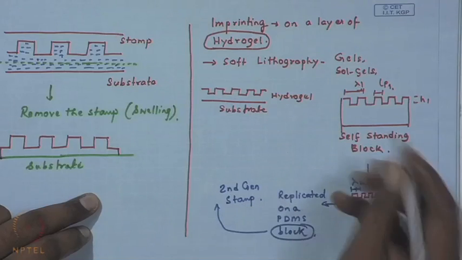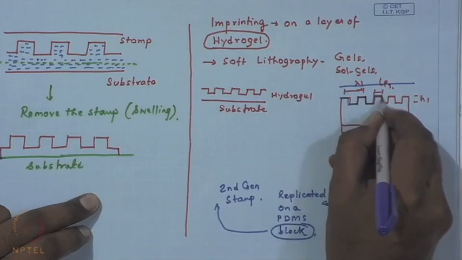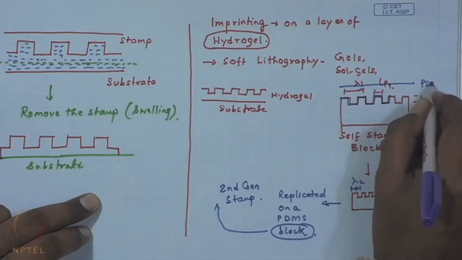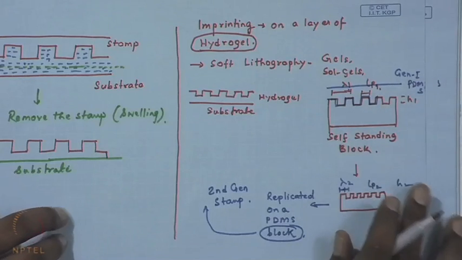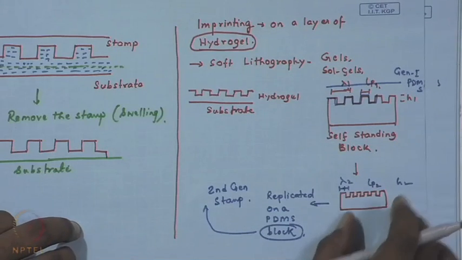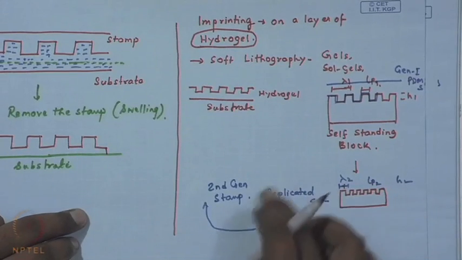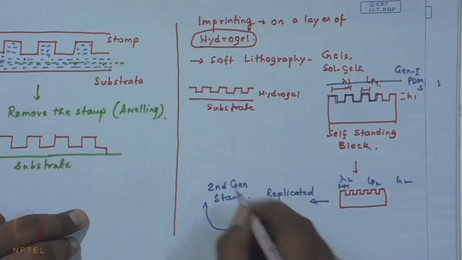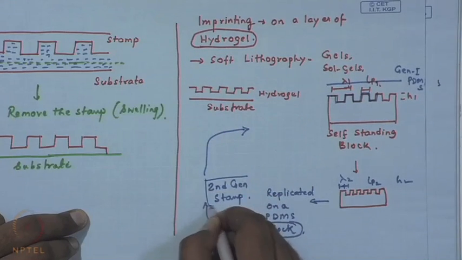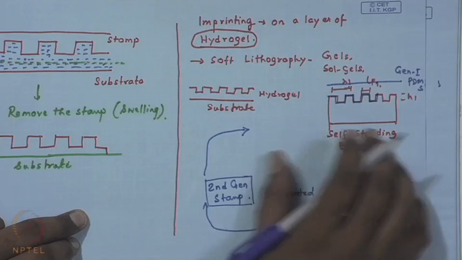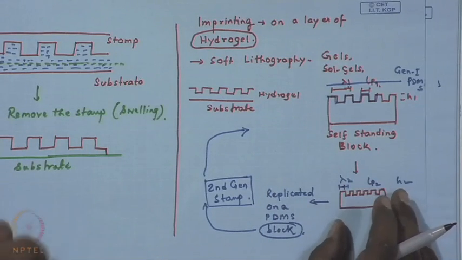So, you had a PDMS block which contained the negative replica of this structure, so this is a PDMS stamp, generation 1 stamp. You imprint with that a block of hydrogel, you shrink it. This shrunk hydrogel layer now is the structure on top of that is replicated on another PDMS block. So, that becomes a second generation stamp, and you just continue the same process. So, now you use this second generation stamp to pattern another block of hydrogel, again achieve controlled shrinkage or evaporation, and then you can get to even smaller feature size.